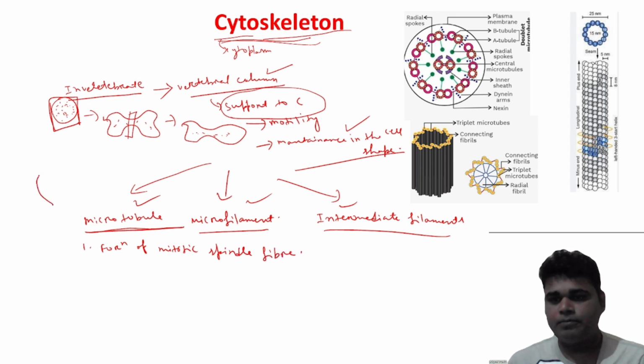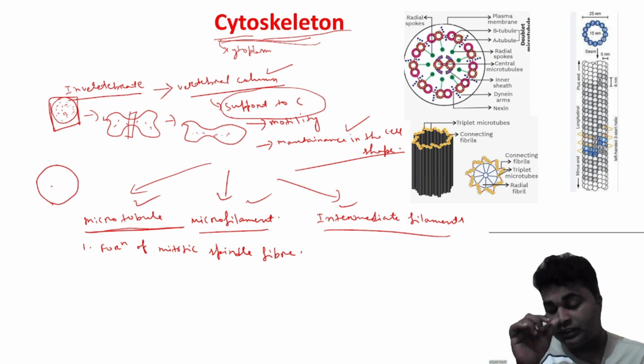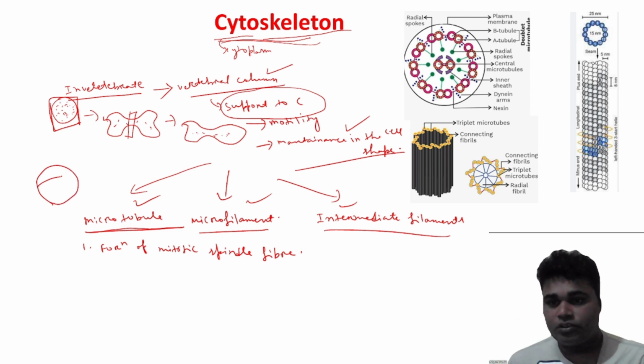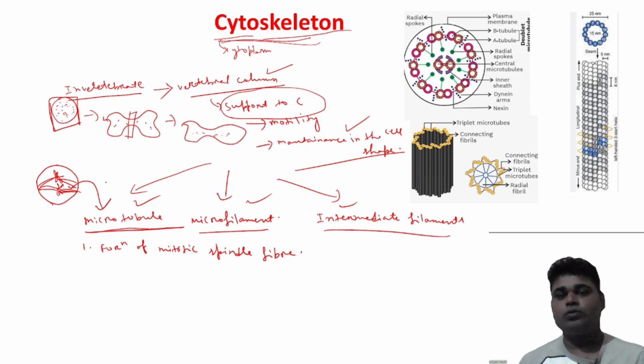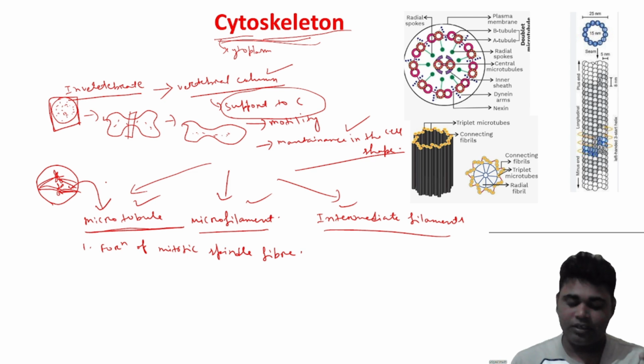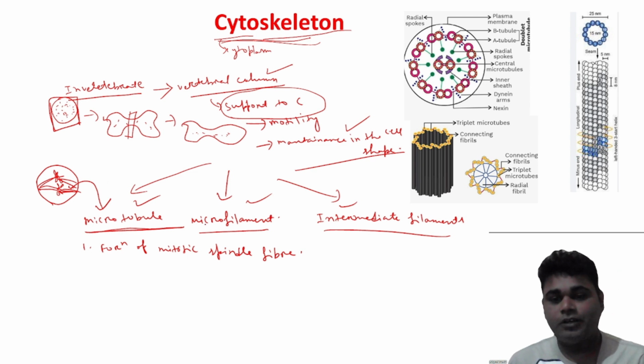For example, during cell division, let's suppose this is the chromosome in the metaphase state, and in the metaphase state a microtubule spindle formation occurs, and this spindle is made up of the microtubule. So it helps in cell division by forming the mitotic spindle fiber.